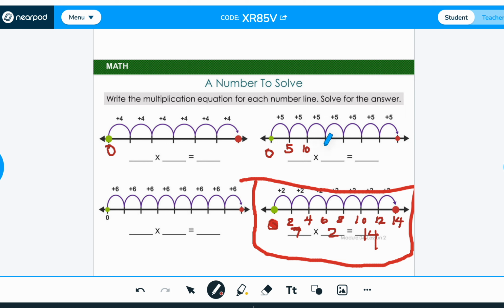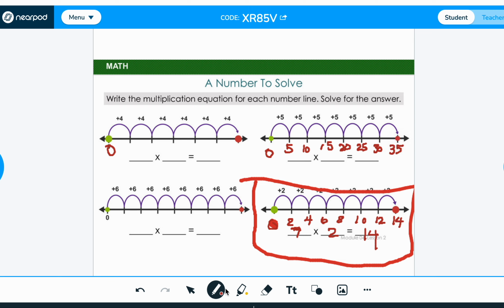So 15 is our next one. Then if I add 5 more, 16, 17, 18, 19, 20, 21, 22, 23, 24, 25, 26, 27, 28, 29, 30, and then 31, 32, 33, 34, 35.